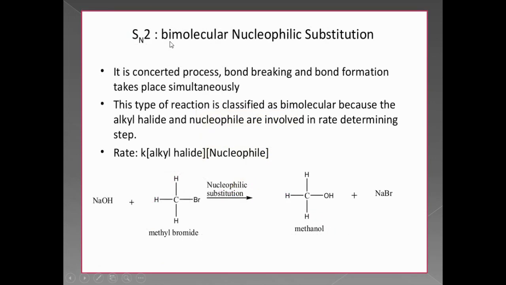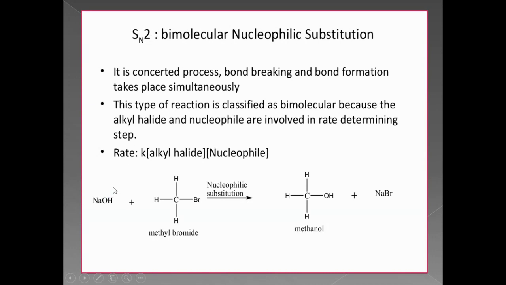Now see here the SN2 reaction, called a bimolecular nucleophilic substitution reaction. We have to compare this reaction with the initial one, the SN1 reaction. Here we take methyl bromide as the substrate, and the simplest nucleophile, NaOH, from which OH negative acts as the nucleophile. Why is this called an SN2 reaction?